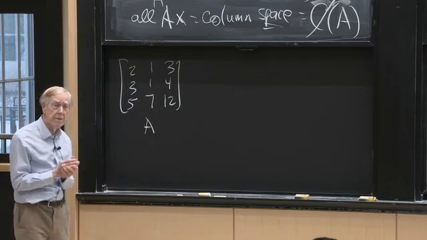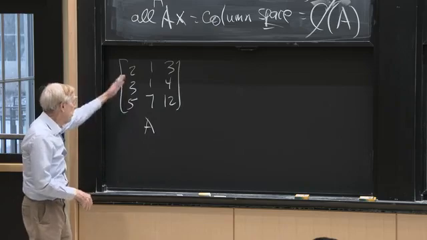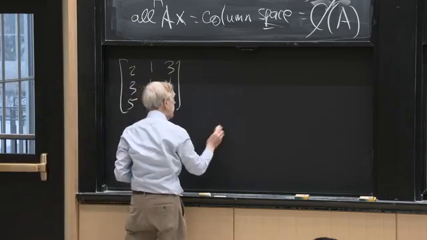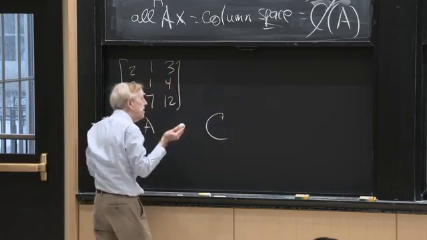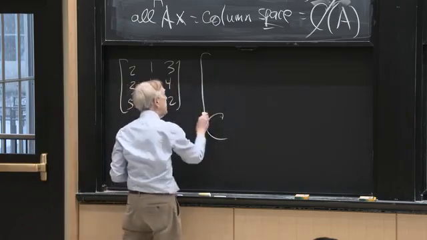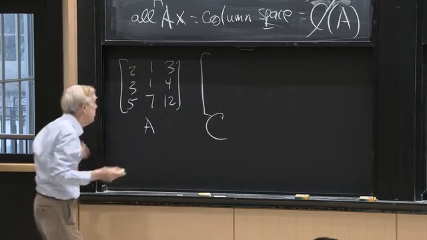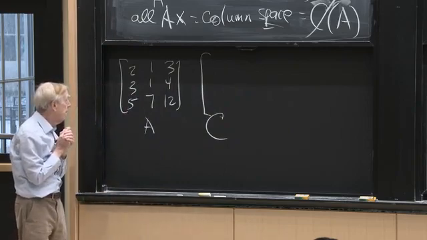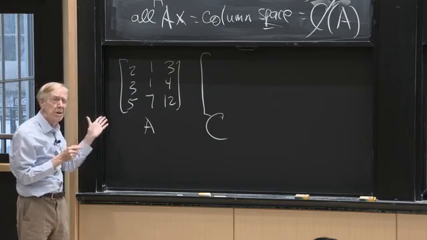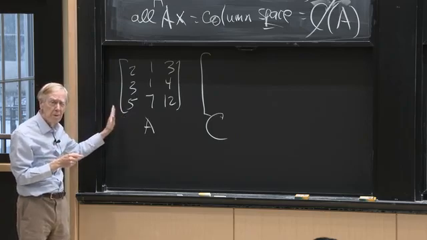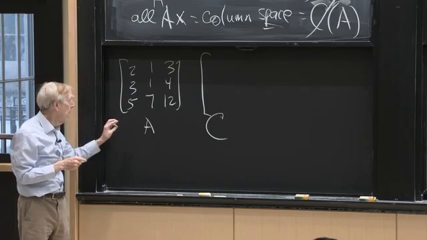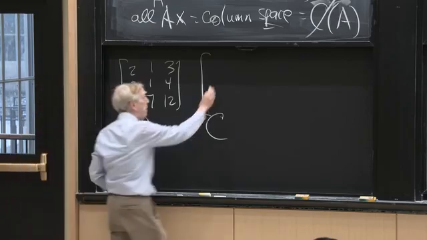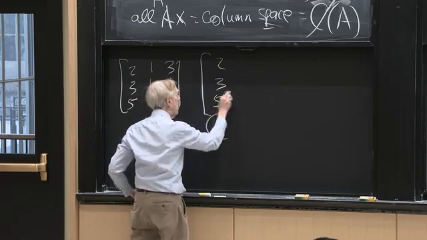Their combinations have to fill the space. So let's say I want to create a basis. I'll call the matrix C, a basis for the column space. So here's a natural way to do it. I look at the first column. It's not zeros. If it was all zeros, I wouldn't want that in a basis. But it's not, so I put it in. So that's the first vector in my basis.